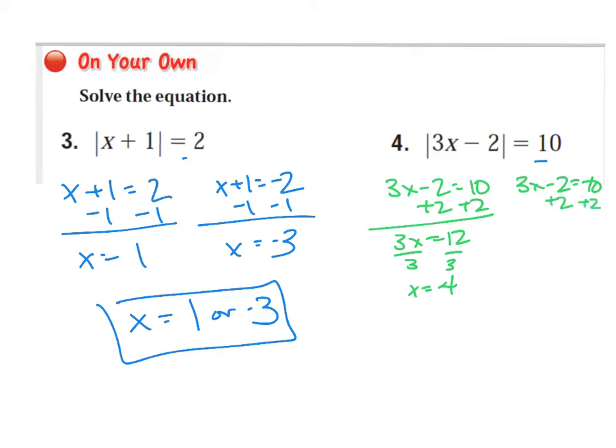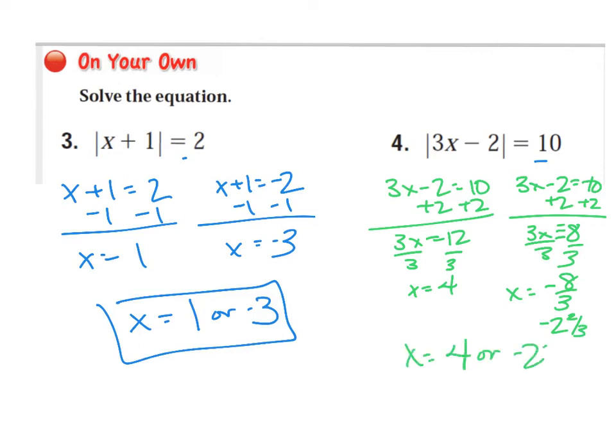Do the same thing over here. 3x equals, now it's a negative 8. So divide by 3, x equals negative 8 thirds or negative 2 2/3. So x equals 4 or negative 2 2/3.